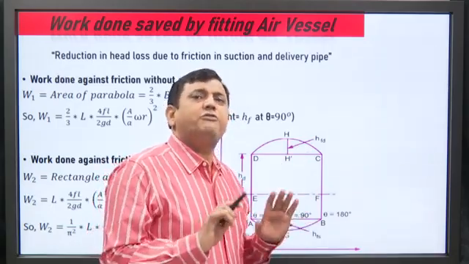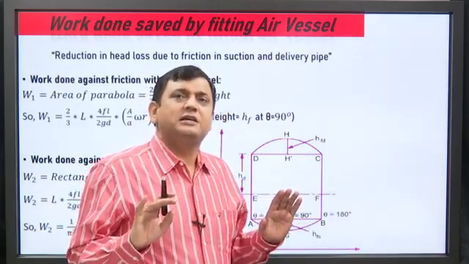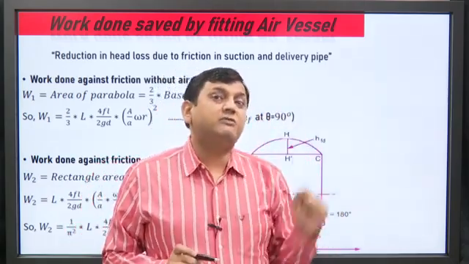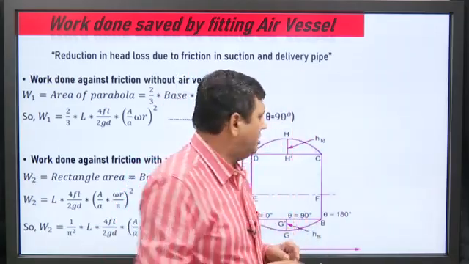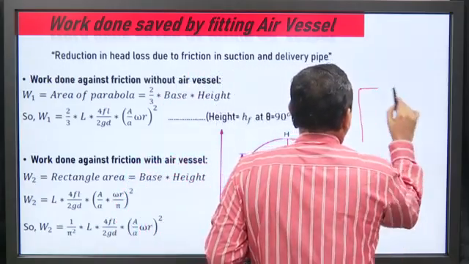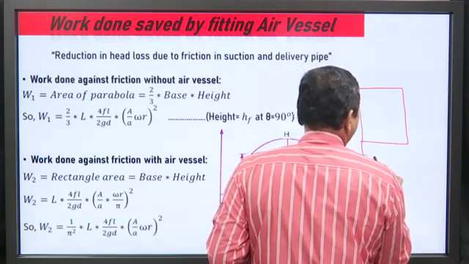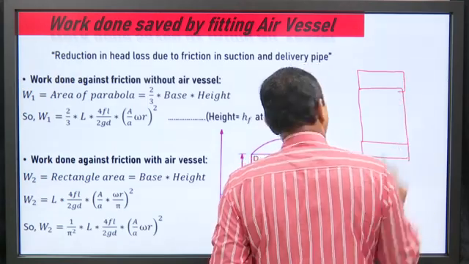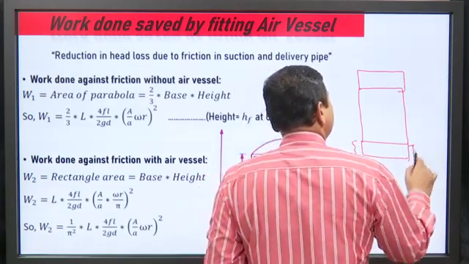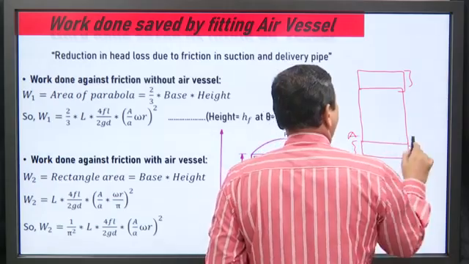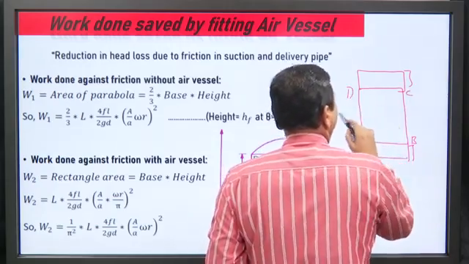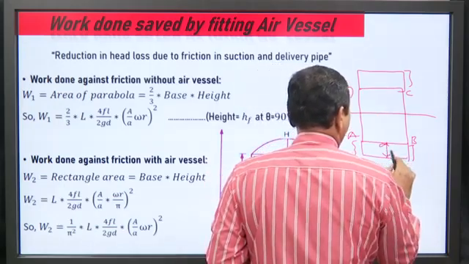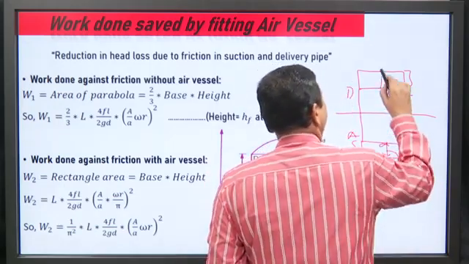If we use an air vessel, we minimize the fluctuation, which means uniform flow. So, this indicator diagram becomes like this, and this friction effect is not a parabola, because it becomes a rectangle A, B, C, D. This is the HFS and this is the HFD.